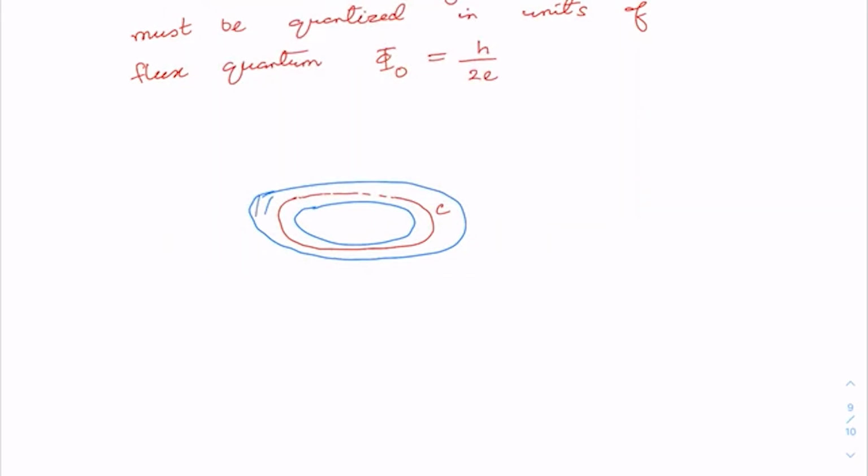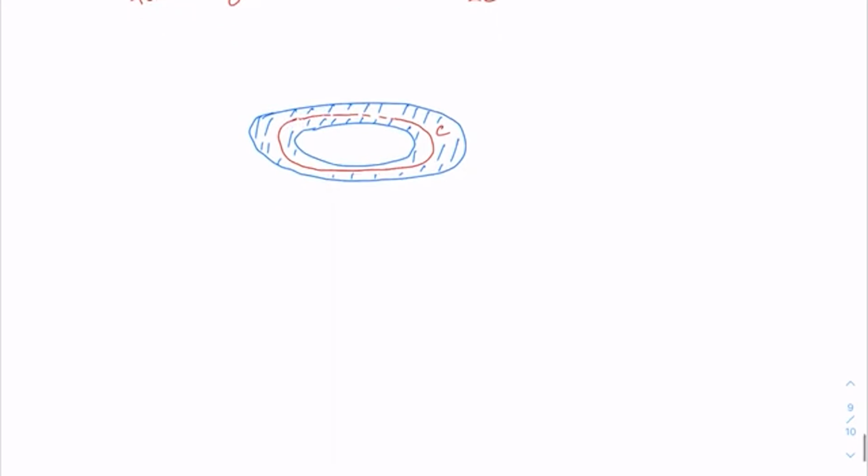This is the bulk of the superconductor. My diagram is not proper, but I hope you get the idea, just consider this as our superconducting ring, and here C is the closed curve in the bulk of the superconducting ring, far from the surface.